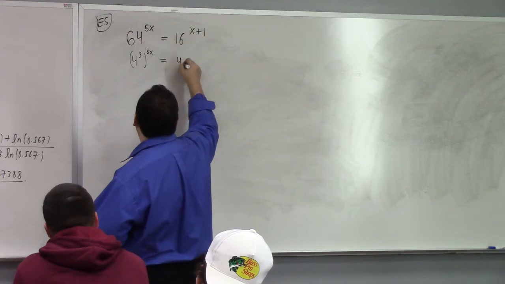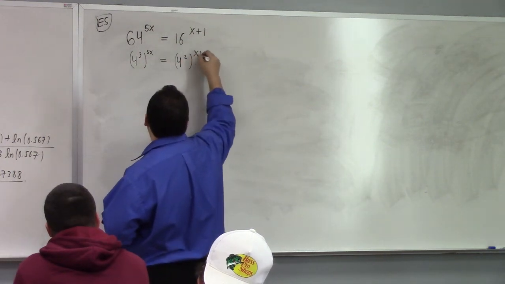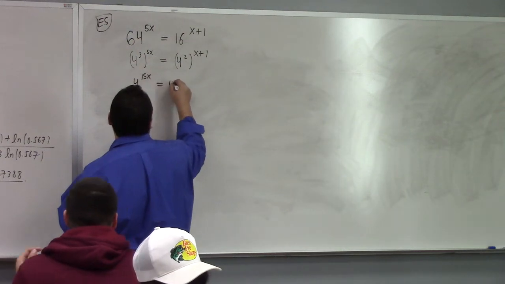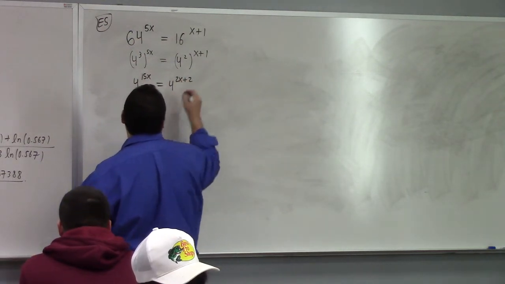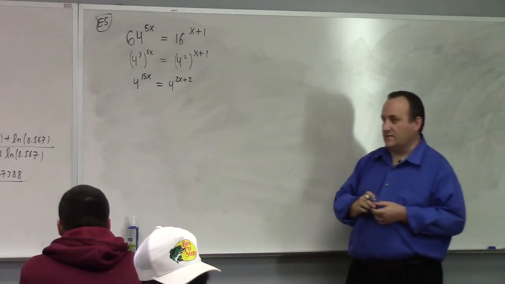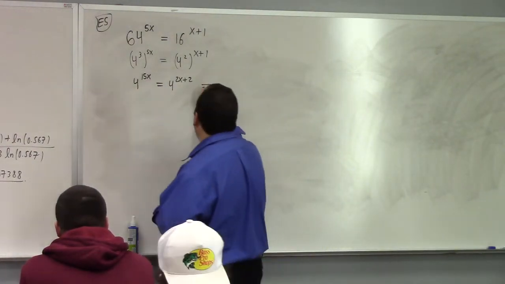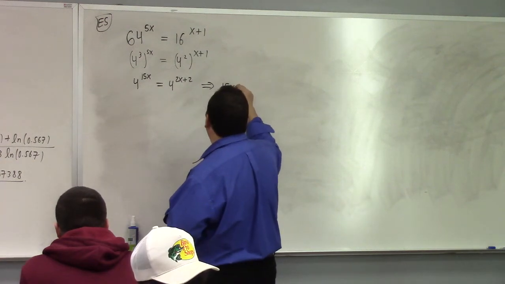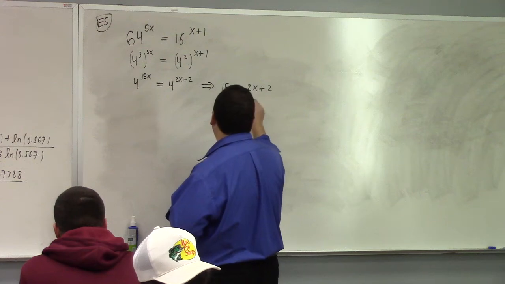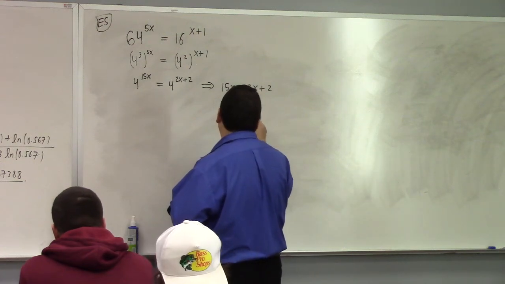This is 4 squared to the x plus 1, which gives us 4 to the 15x equals 4 to the 2x plus 2. Then by the one-to-one property of the exponential function base 4, we get 15x equals 2x plus 2, which gives us 13x equals 2, which gives us x is 2 over 13.